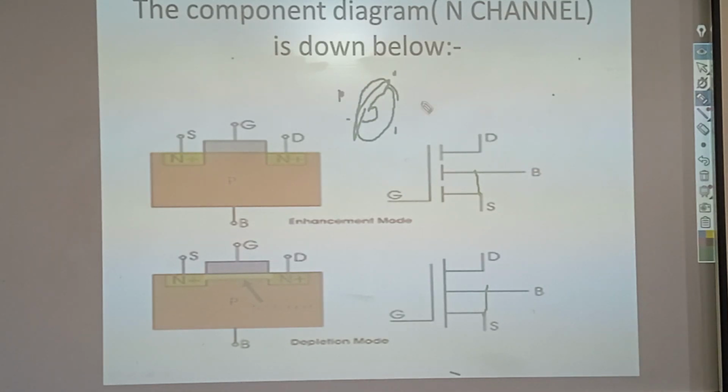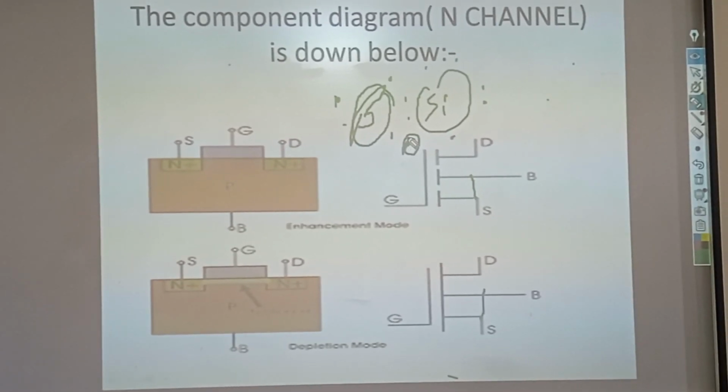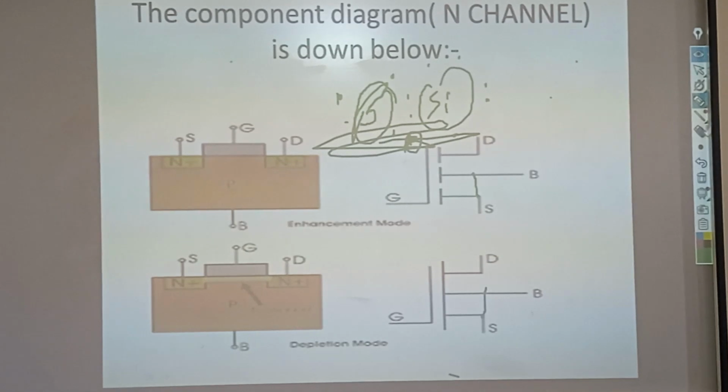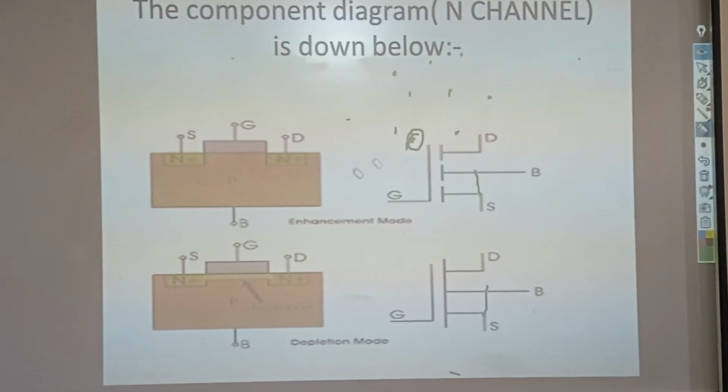Just imagine this. Silicon has 4 electrons. So whenever they are joined, 2 here, 2 here, 2 here, now there is not enough. So there is a hole. So we think of it as a proton or a hole.